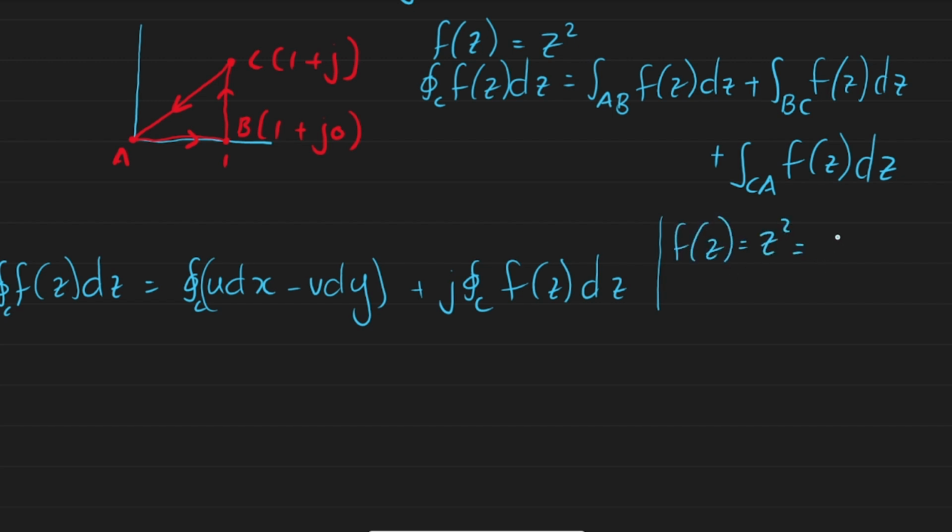So this means that it's equal to (x plus jy) squared, because that's what z is. So then that gives us x squared plus j 2xy minus y squared.